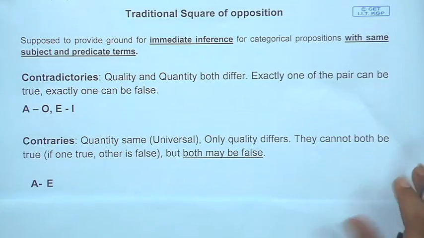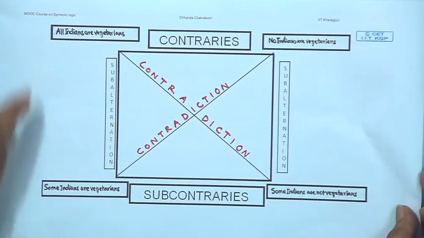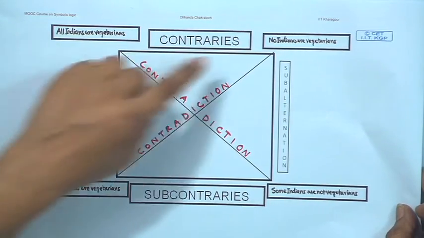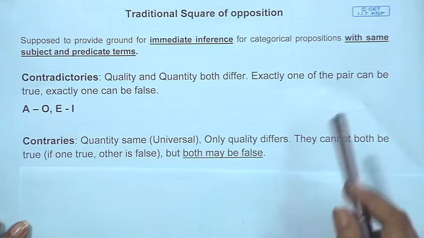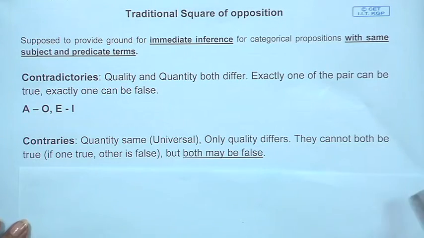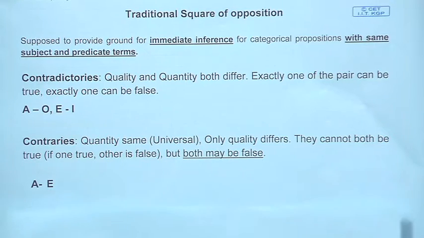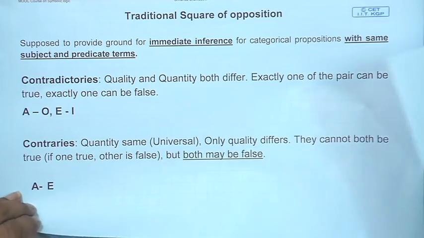So, if you know that some Indians are vegetarians, then it is neither true that all Indians are vegetarians, nor is it true that no Indians are vegetarians, isn't it? So, both may be false, which you do not have in the case of the contradictories. This is the nature of the contraries. Quantity same, quality different, but both may be false, though both may not be true at the same time. This is your contraries. Let us take a look into the other relationships.